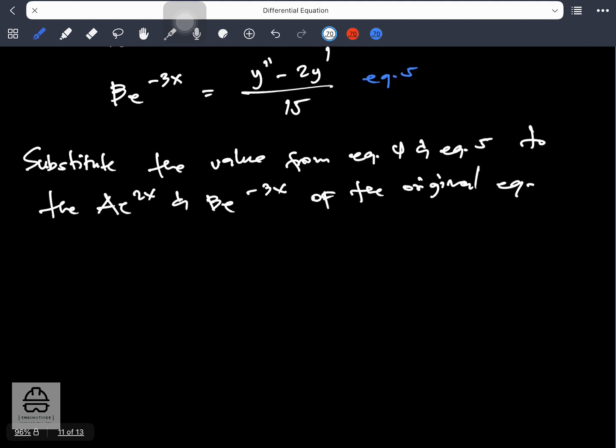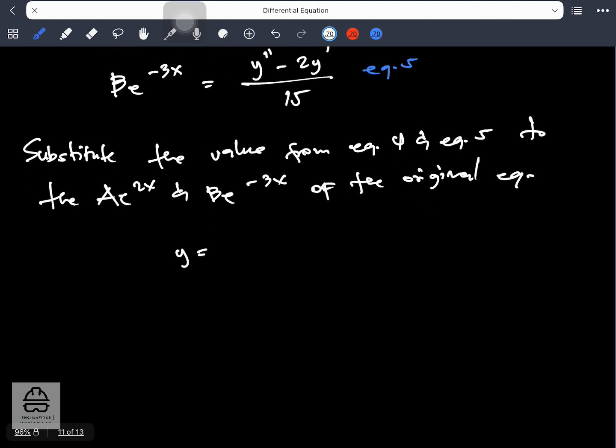Our original equation is y equals ae raised to 2x plus be raised to negative 3x. So, we will only substitute the values here.